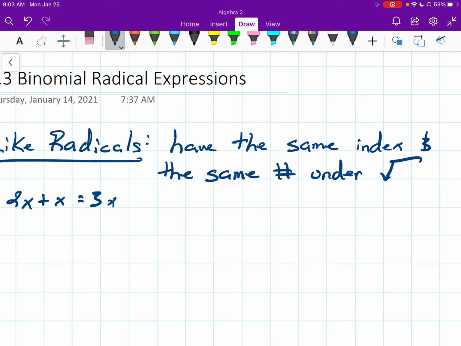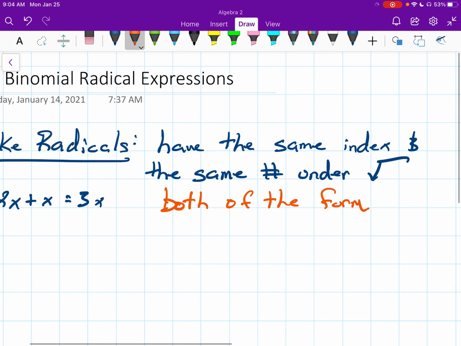Okay. So another way to say this would be that they are both of the form, I'll say the nth root of a, right? So they both have the same thing underneath the root, and they both have the same radical, the same index.